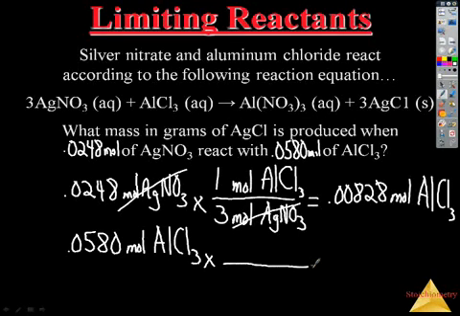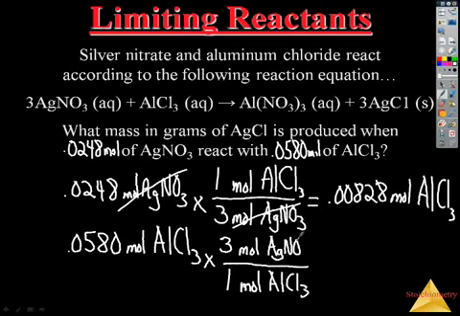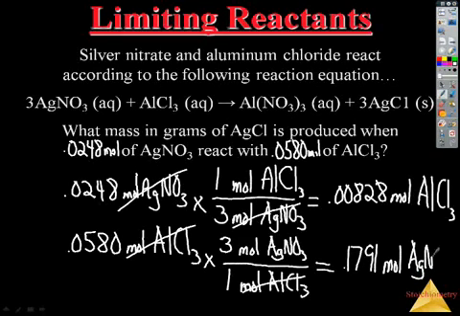Same thing as we had before, only inverted. 1 mole of AlCl3 is stoichiometrically equivalent to 3 moles of silver nitrate. And moles of aluminum chloride cancels. And 0.0580 times 3 turns out to be 0.1791 moles of silver nitrate.